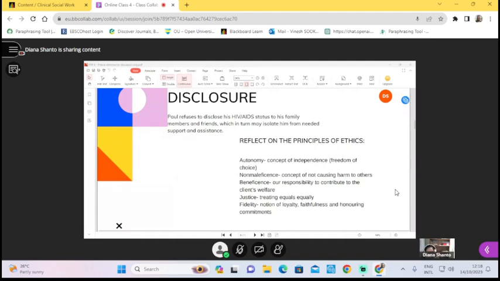So respecting his freedom. Freedom, it's about autonomy. C'est ça, freedom of choice. But also, we respecting his choice, but also what?